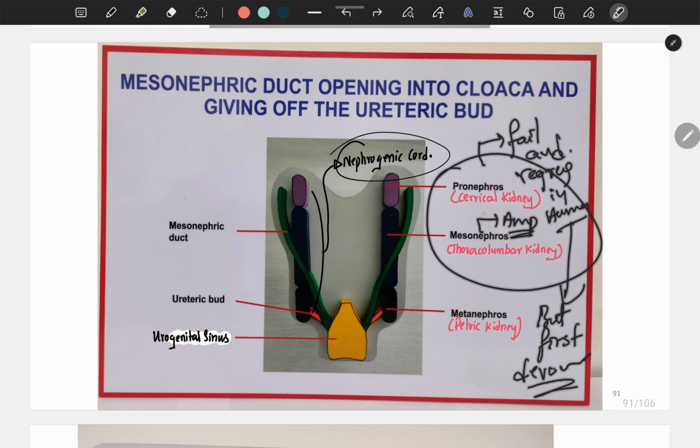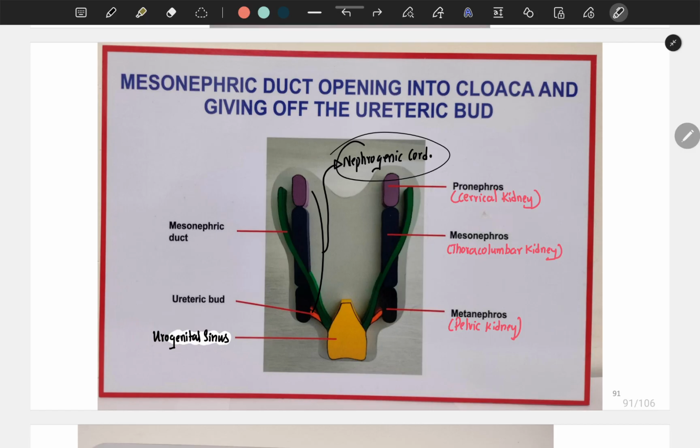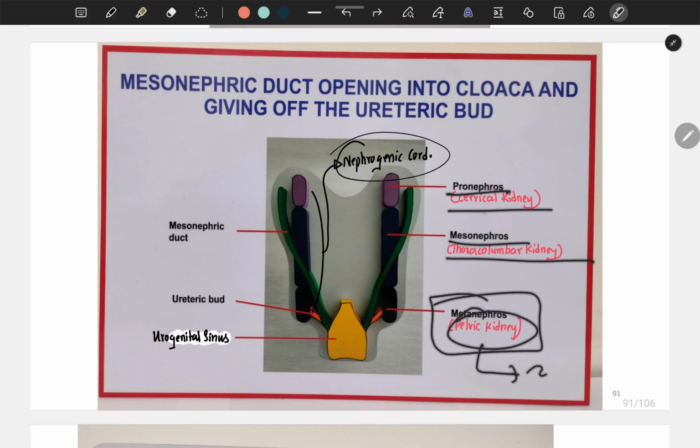First it gets developed, but fails to proceed. So pronephros, cervical kidney; mesonephros, thoracolumbar kidney; metanephros, pelvic kidney. This is in humans.